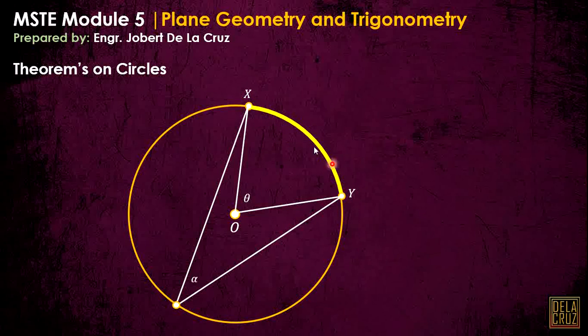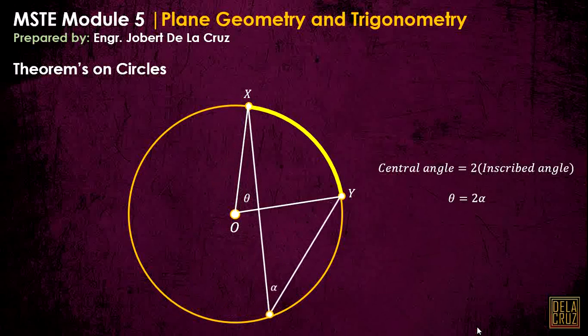These two angles, the central angle and the inscribed angle, have a relationship: the central angle is twice the inscribed angle, provided they have the same intercepted arc.